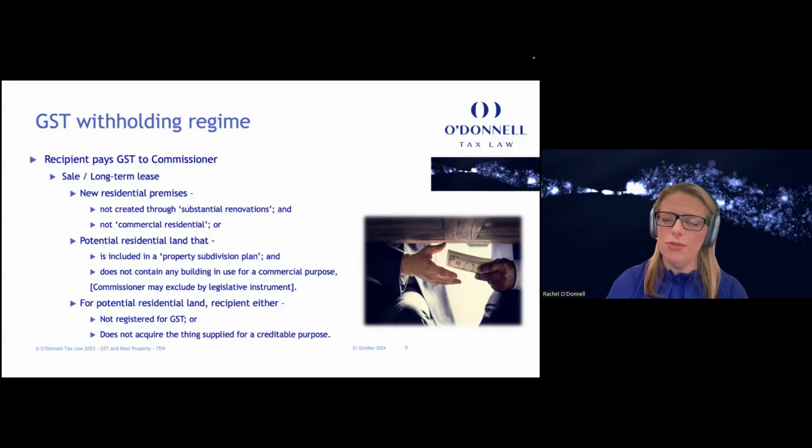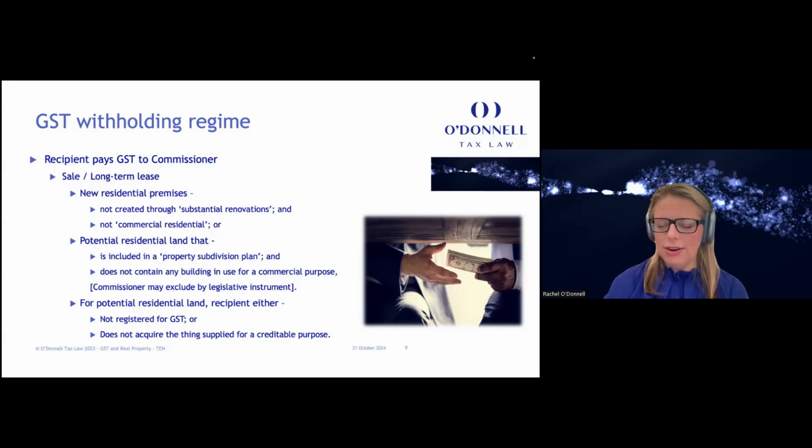But it's important to work through that definition and tick through: do we have new residential premises? If so, is it in or out? Do we have potential residential land? If so, is it in or out, based on those elements? And for potential residential land, the recipient is either not registered for GST or does not acquire the thing supplied for a creditable purpose.